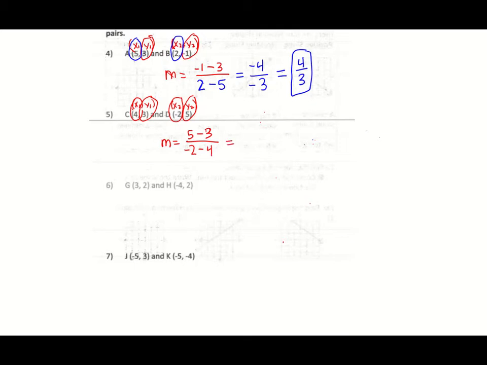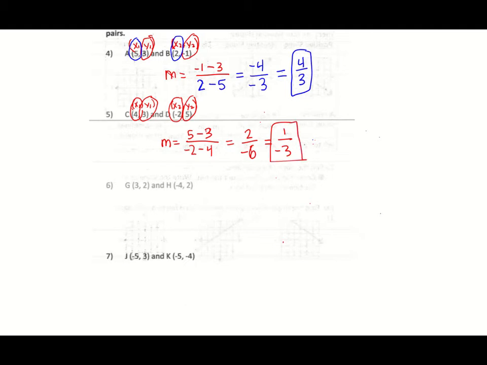Plug that in, 5 minus 3 is 2, -2 minus 4 is -6. I can simplify that, 2 over -6 equals 1 over -3. That is my final answer.